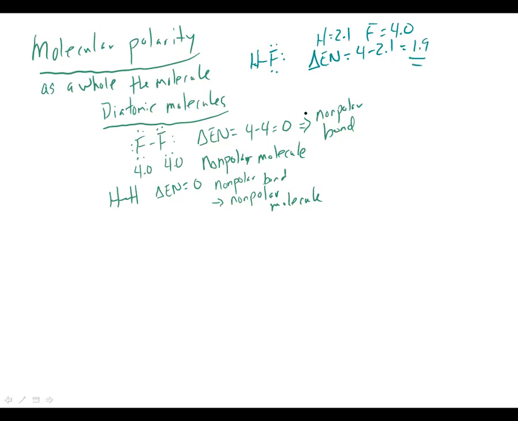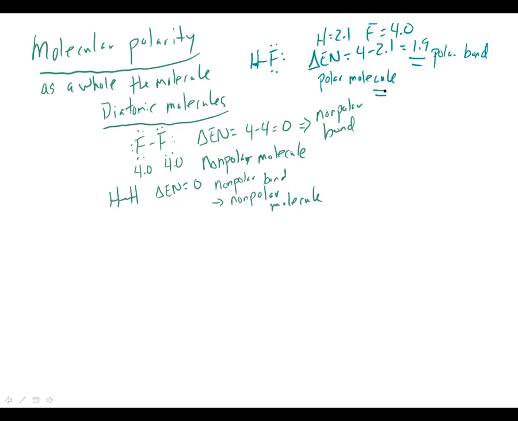And 1.9 is, again, above 0.4, below 2. So this tells us that this bond, based on the electronegativity values here, is a polar bond. And for the exact same reason, because this guy here only contains one bond in the entire molecule, and that one bond is polar, this has to be a polar molecule.